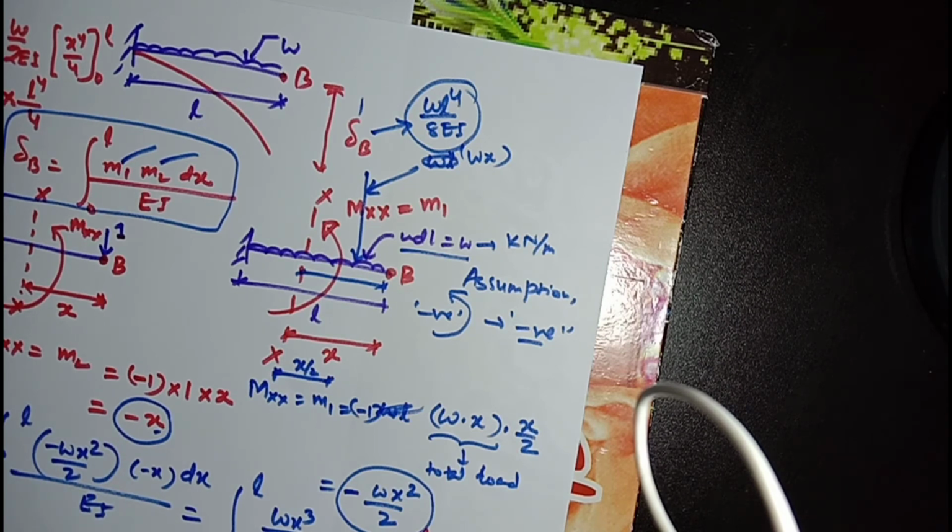I hope you have understood the entire concept, and if you want to revise the 4 methods which I have used for the calculation of deflection for a point load acting at the tip of a cantilever beam: unit load method, strain energy method, conjugate beam method and moment area method.